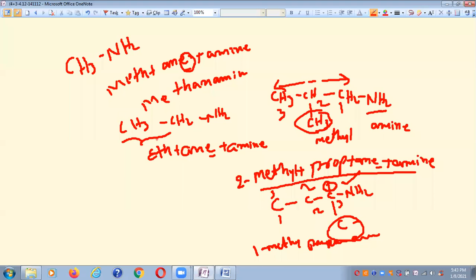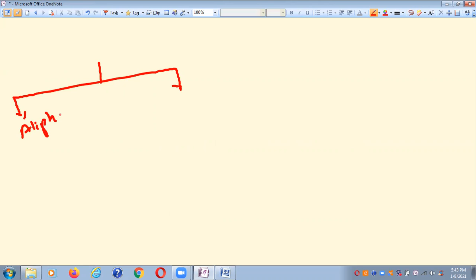If you see the classification, we can classify the amines as open chain. Generally those are known as aliphatic amines, and cyclic amines are closed, whatever it may be.